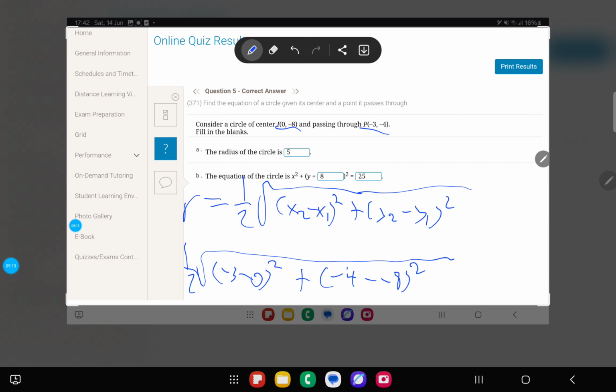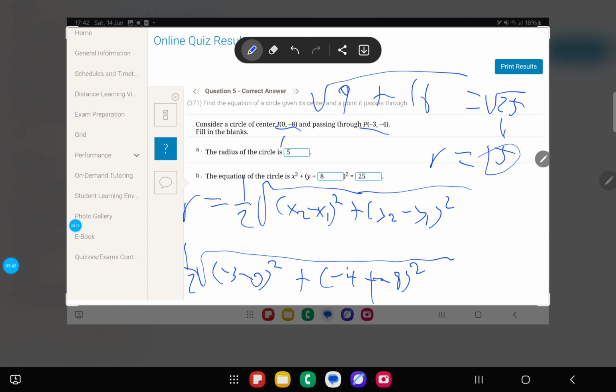Negative 3 minus 0 is negative 3. Negative 3 squared is 9, plus negative 4 minus negative 8, which is plus. Negative 4 plus 8 is 4. 4 squared is 16. 16 plus 9 is 25. So you get radical 25, and radical 25 is 5. So the radius is 5.